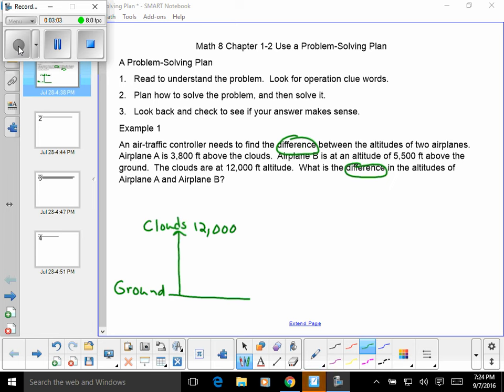Now it says airplane A is 3,800 feet above the clouds. The last thing we're told is about airplane B, and that airplane B, I'm going to have to extend my line here, is at an altitude of 5,500 feet above the ground.